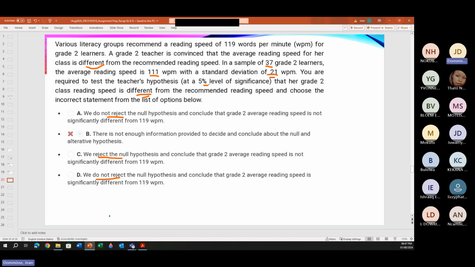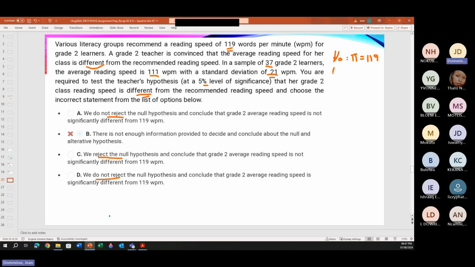So the null hypothesis is that the population mean is equal to 119.